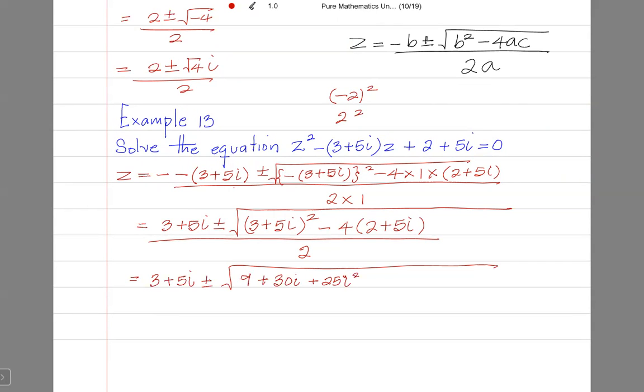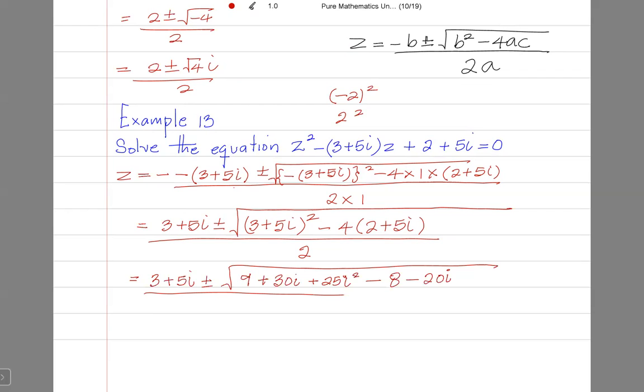Do you agree? Yes, sir. When you square something, you multiply it by itself. So I'm simply multiplying two binomials. Minus, distributive law, 4 2s are 8. And 4 5s are what? 20i.